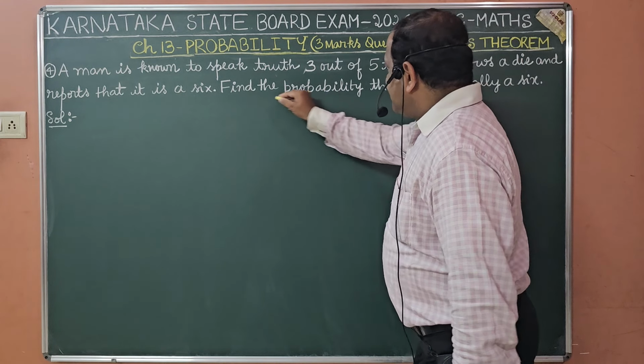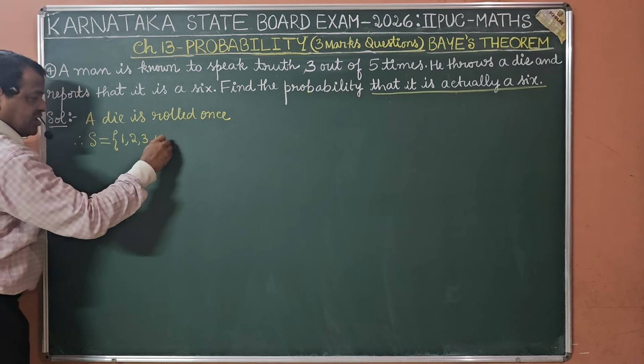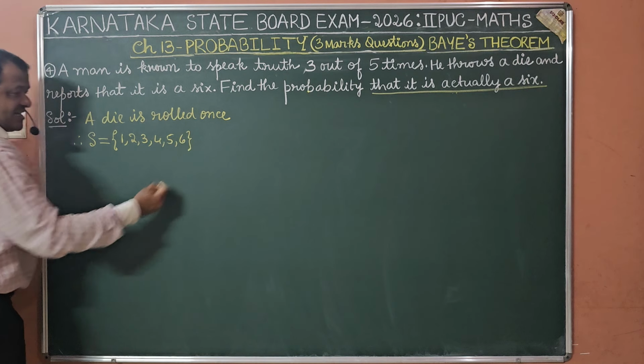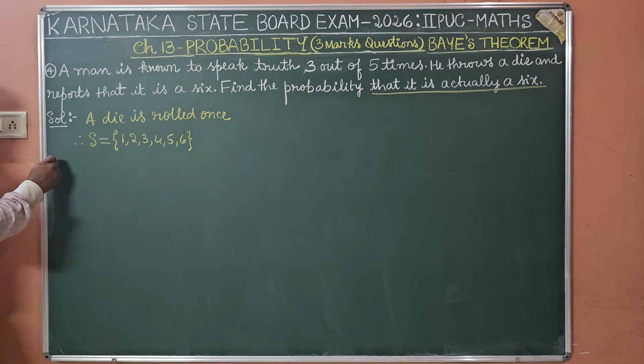Let E1 be the event of getting number 6 when a die is rolled once. Therefore, the sample space contains outcomes 1, 2, 3, 4, 5, 6.